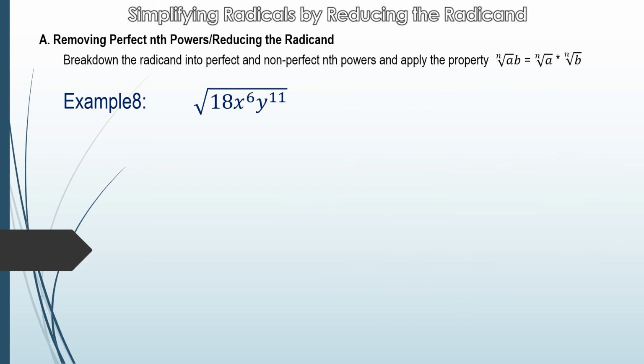Let's have another one. Square root of 18x to the 6th power y to the 11th power. So a factor pair of 18 wherein one of the factors is a perfect square is 9 times 2. x to the 6th power is a perfect square, so no need to think of a factor pair for it.